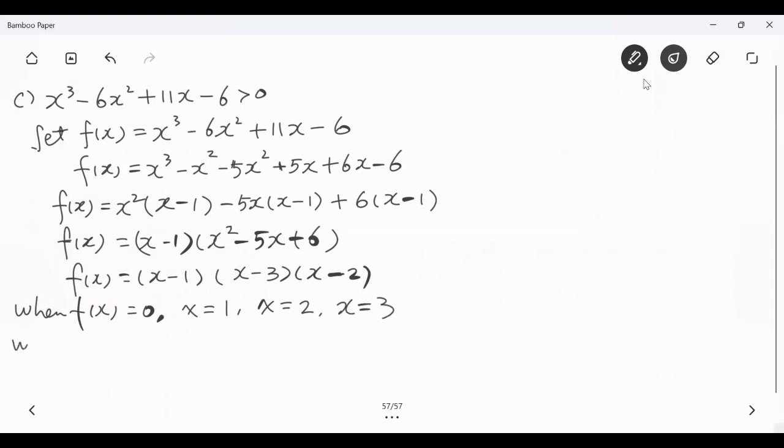And if we find the y-intercept, when x equals 0, f(0) equals negative 1, negative 3, negative 2, so actually it's negative 6. We know this is cubic, and the leading coefficient is positive 1. So the graph is from Q3 to Q1.